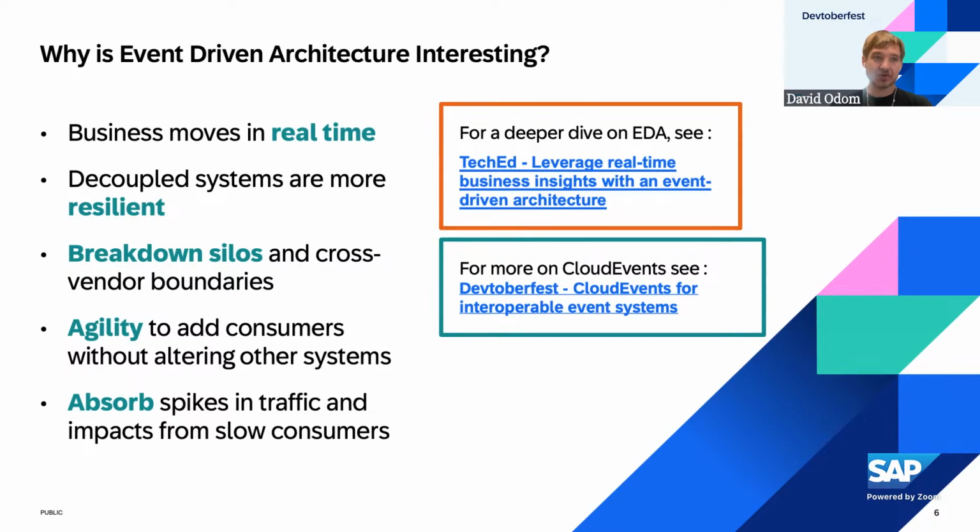Second one is a big one. These decoupled systems are more resilient. So the benefits come from the intermediary as well as from this pub-sub style of communication. Just an example here: if you have an event consumer that has some major problems, maybe even a significant outage, and is down for a long period of time, with an event-driven architecture and usage of this intermediary, the event producer is unaffected.